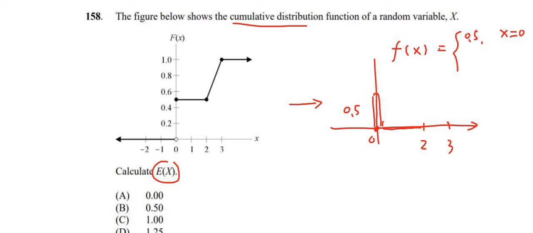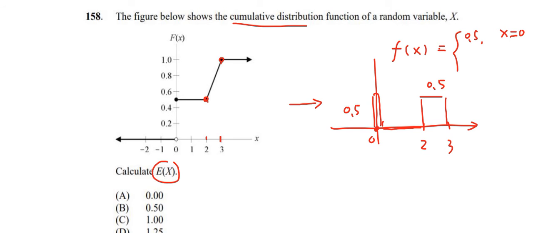The probability jumps from 0.5 to 1 from 2 to 3, so the slope is 0.5, a constant density of 0.5. Like this, right?